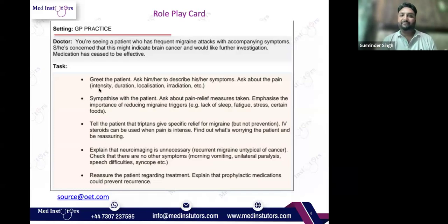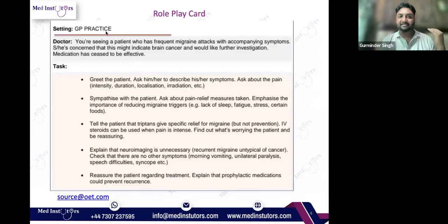If you have a question, your patient, I mean your interlocutor, your examiner, would have the answer to it. So if it's written, ask him to describe his symptoms, your interlocutor's card would have the answer to this particular question. So this is the part of the task.